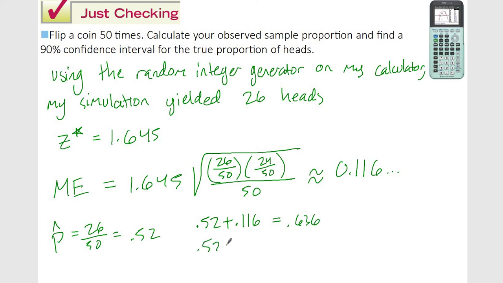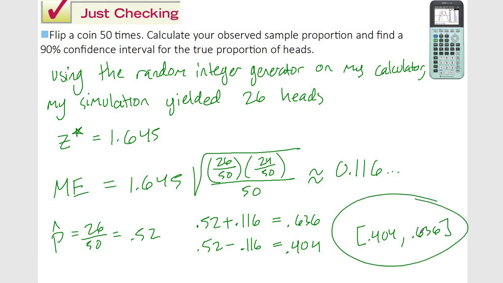Then take 0.52 and subtract our margin of error, and that gets us 0.404. So we're 90% confident that this interval captures the true proportion. The interval is from 0.404 to 0.636. And since we know that the true proportion is 0.5, we definitely captured it.